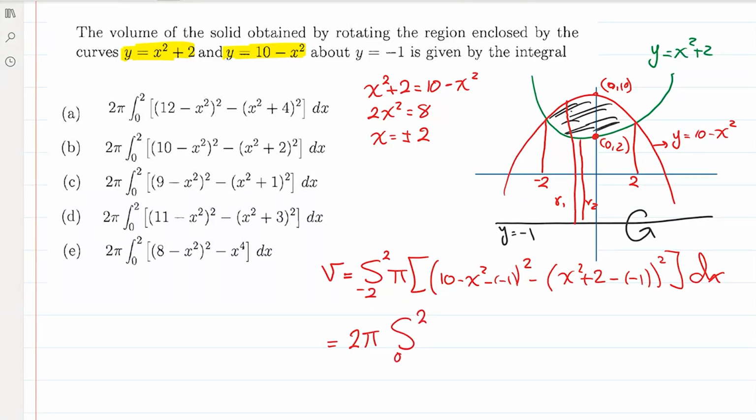Now the first one will be 10 minus -1, which is 11 minus x square, minus the second radius, x square plus 2 minus -1, which is x square plus 3, squared dx. And you can see this is D.